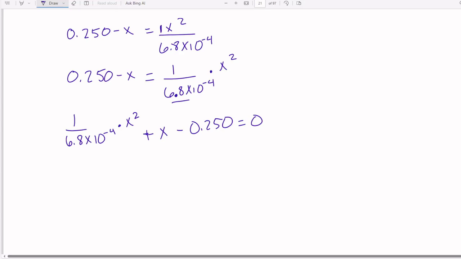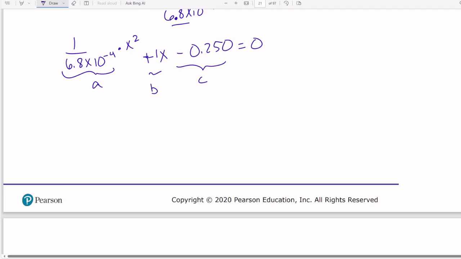So now I can plug into the quadratic equation. This is my A, 1 is my B, and this is my C. So remember the quadratic formula. X is equal to minus b plus or minus the square root of b squared minus 4ac all over 2a. So now I'll plug everything in.